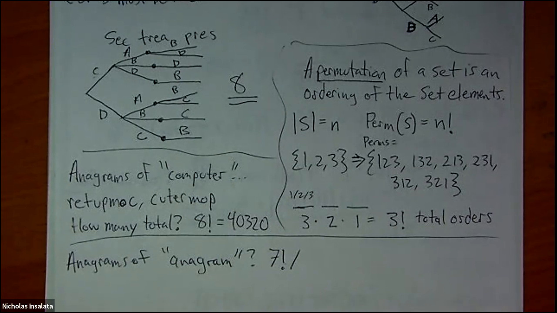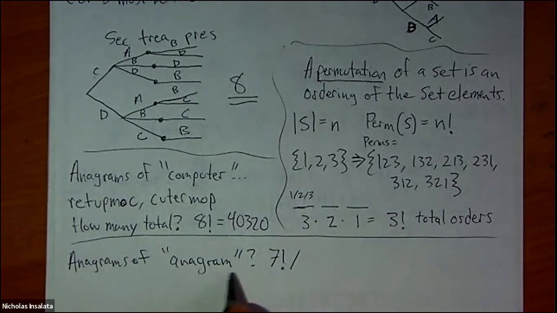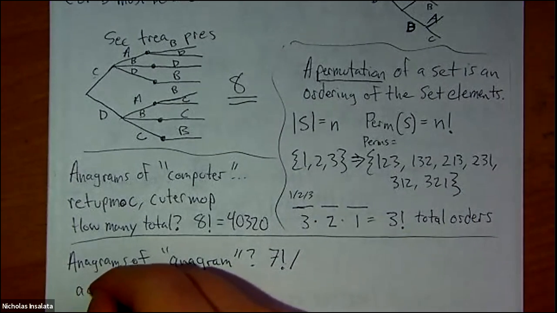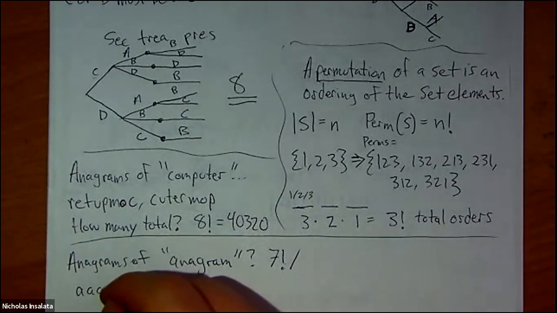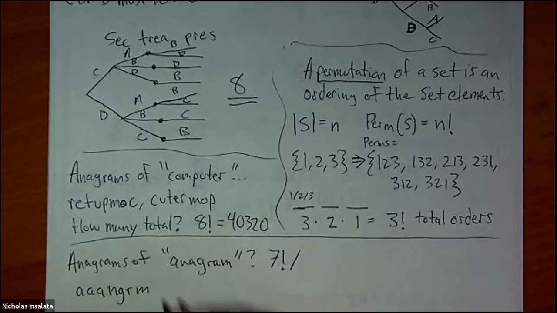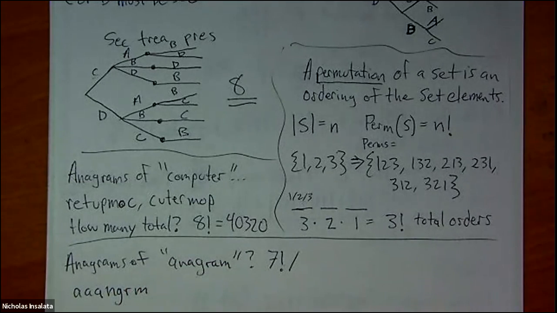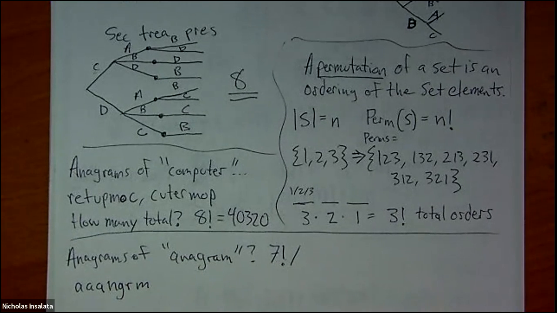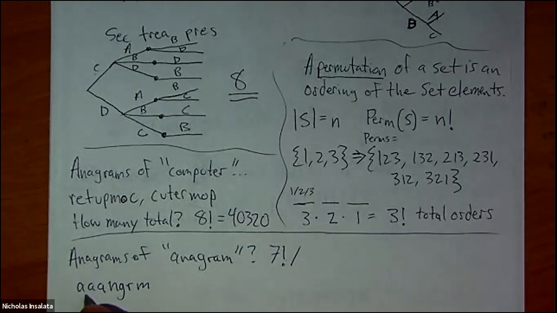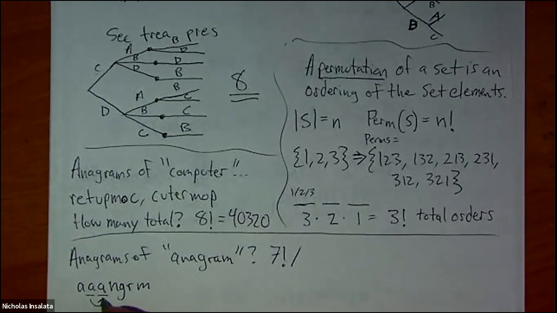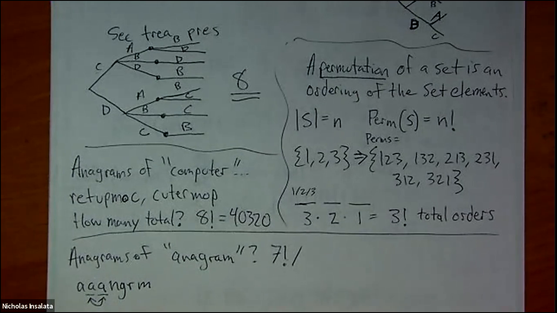Okay, to get rid of the A's, because if I have, you know, A, N, G, R, M, right? Well, that's going to be the same as if I switched these two A's with each other, right? So the order doesn't matter for the A's because they're the same letter.